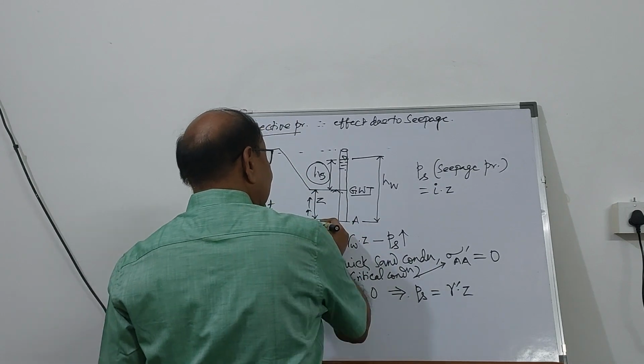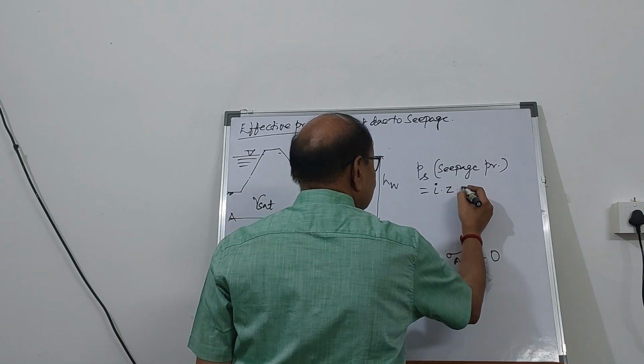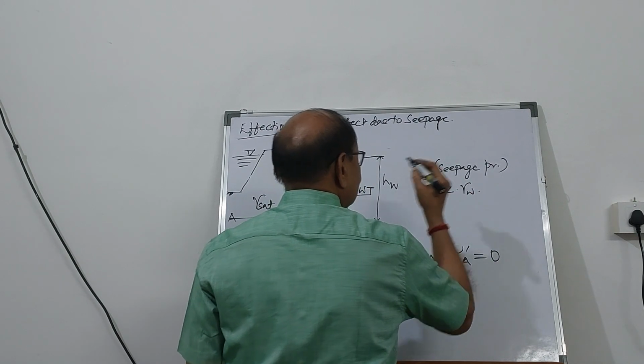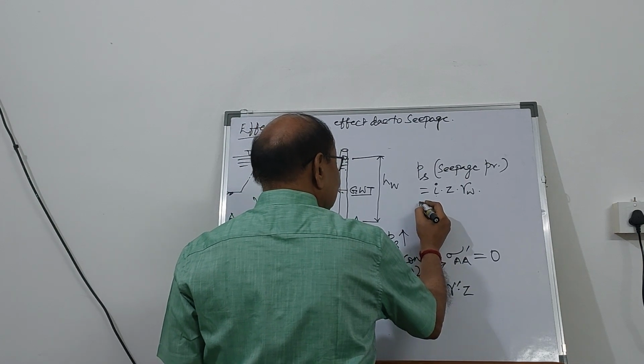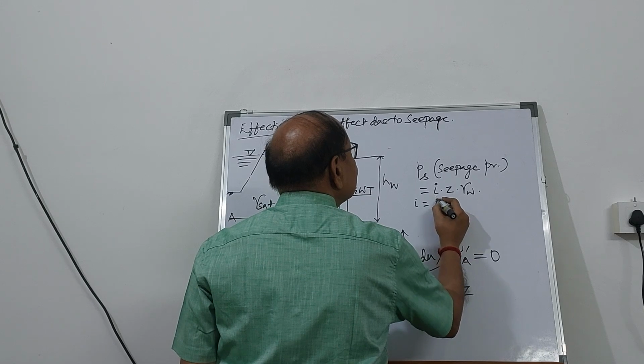So here the length is Z. So this hydraulic gradient into Z into gamma W. For critical condition, I becomes I critical.